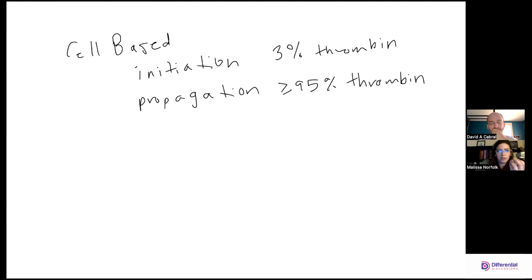Our brains don't really work that way when we're trying to memorize, which is why the coag cascade-based model is far superior, at least for memorizing. But physiologically, the cell-based model is more appropriate.